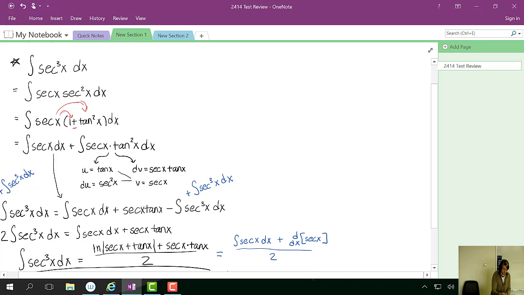From there, this one's pretty easy to do, right? Integral of secant, that's just the formula we should know. There, specifically, that's always what? Who remembers integral of secant?